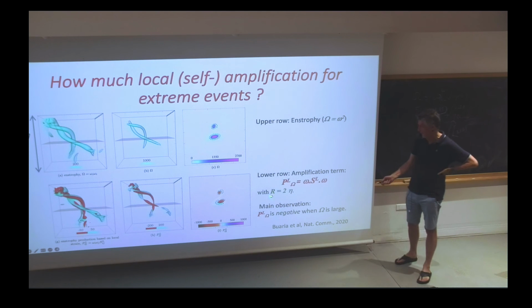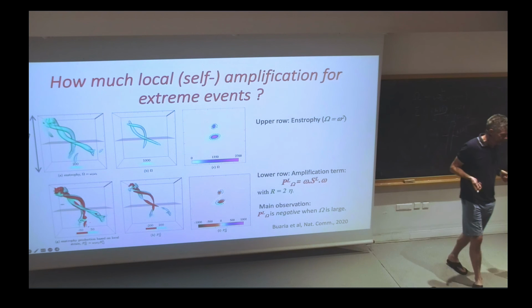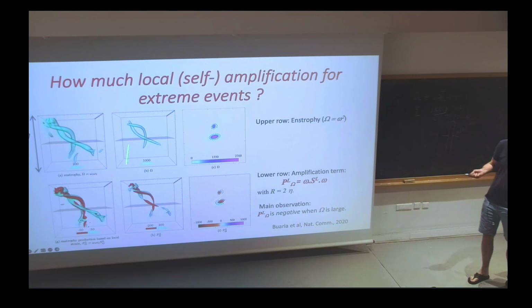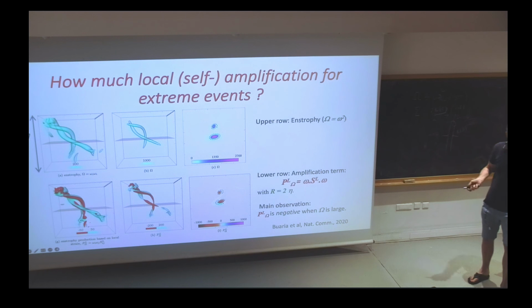So it corresponds to this production term of vorticity by the local strain, which turns out to be negative. You can do it systematically. Of course, I show it on a particular example, but when you do it systematically, you see that it's always the same, massively the same.